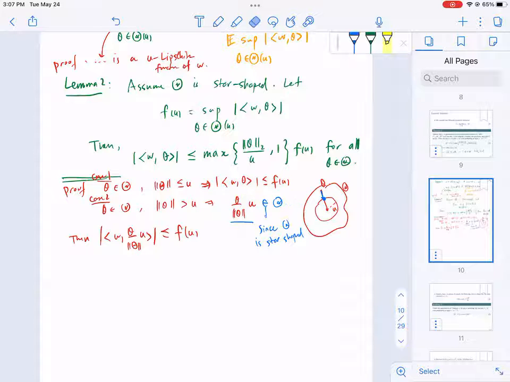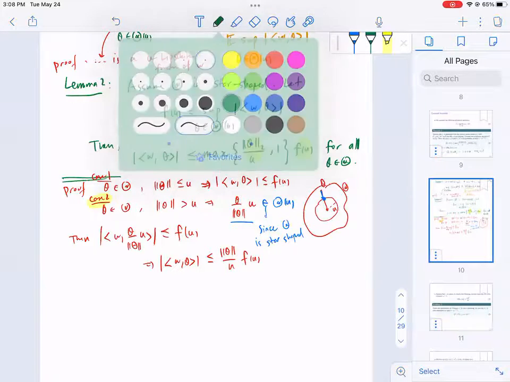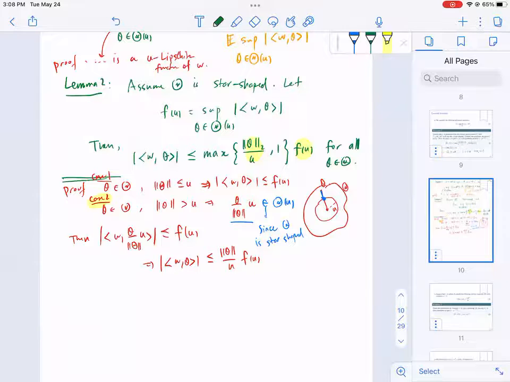So this is in fact inside Theta_U. Now I can apply this, and if you just rearrange, this says W(theta) is less than or equal to norm theta divided by U times f(U). This gives you this part of the line. It's either bounded by f(U) or bounded by this, so you can uniformly control it everywhere. That's the nice thing about the star-shaped business. That's case 2.